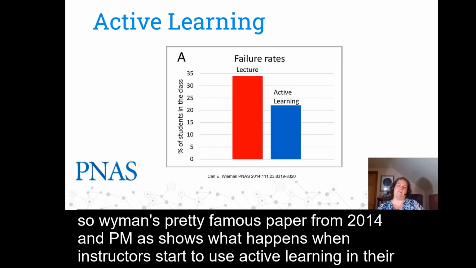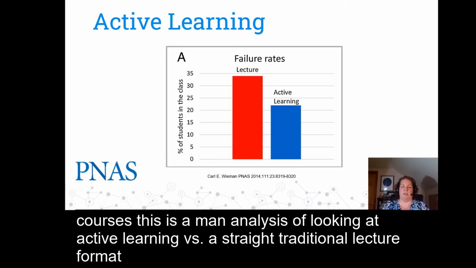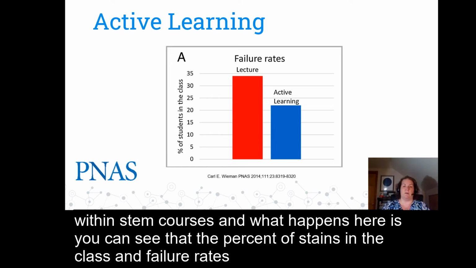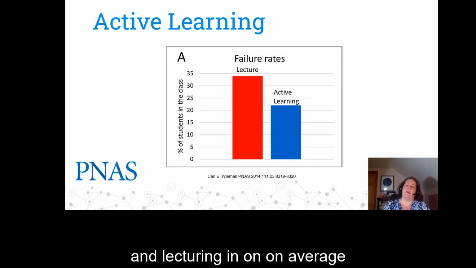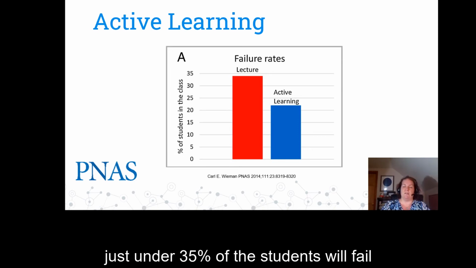So Freeman's pretty famous paper from 2014 in PNAS shows what happens when instructors start to use active learning in their courses. This is a meta-analysis looking at active learning versus a straight traditional lecture format within STEM courses. And what happens here is you can see the percent of students in the class who fail: with lecturing, on average, just under 35% of the students will fail.